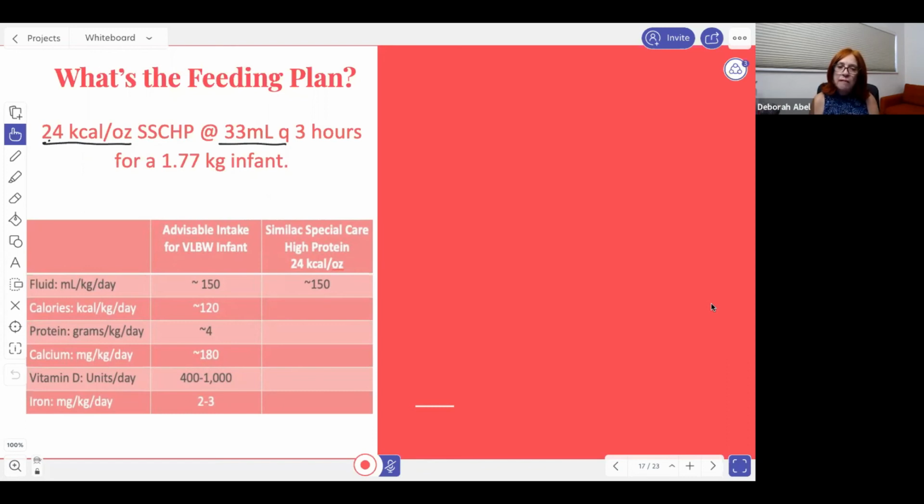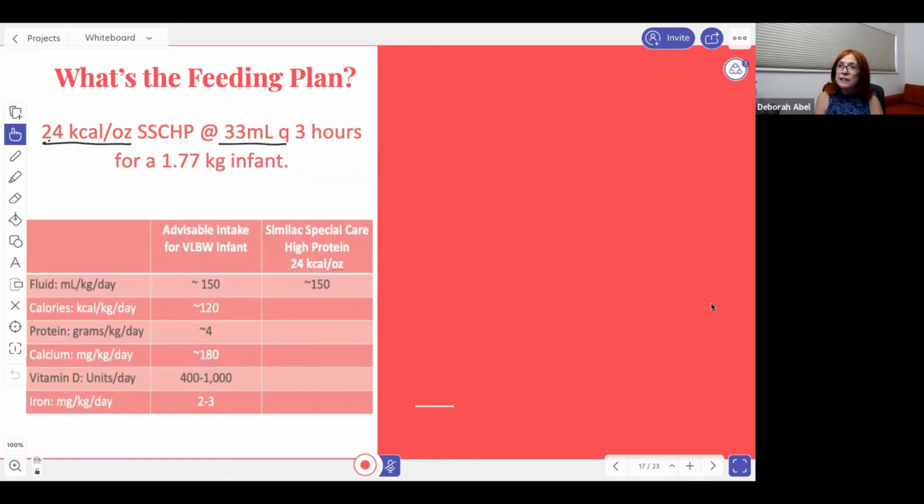But we have more feeding intolerance with higher concentrations because of the osmolality and other issues. Plus it is the normal route to increase the volume of intake. We're trying to get to very similar goals as a term infant, and so we're going to increase the volume first.